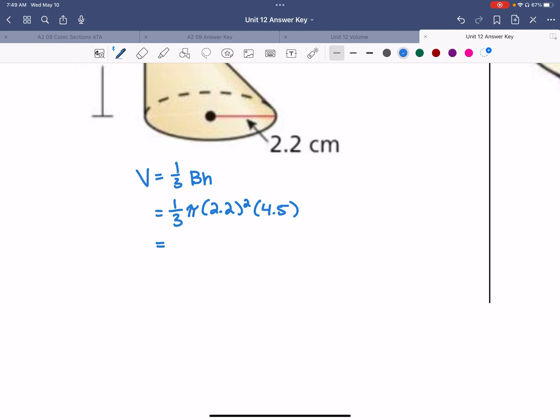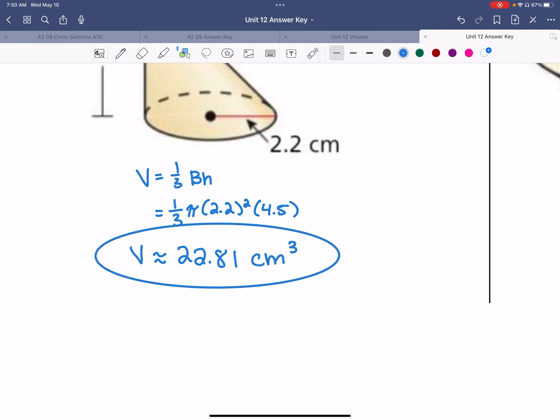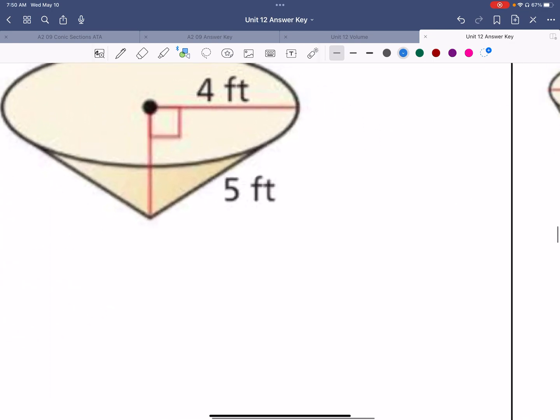So I have typing that into my calculator. I get about 22.81 centimeters cubed. Okay, that's the first one. Let's go ahead and move on to the next one.